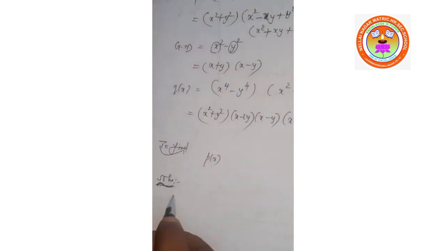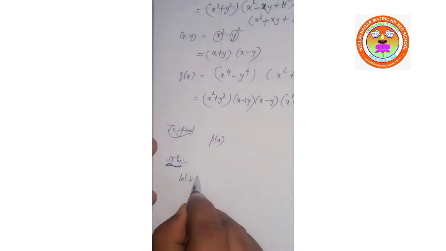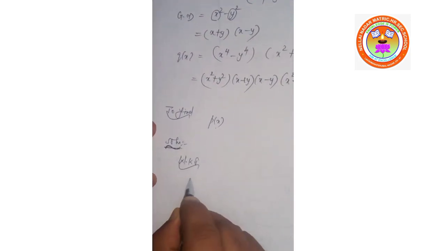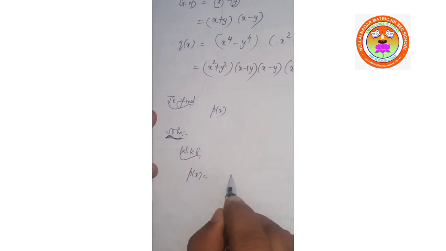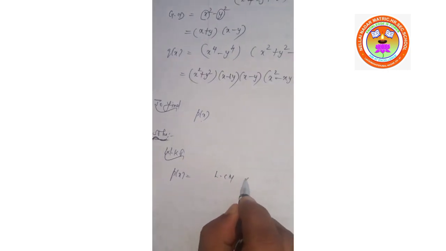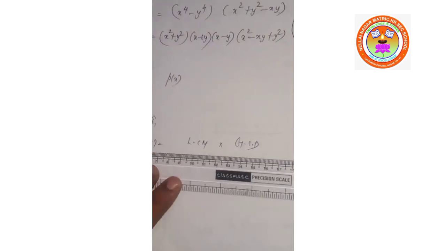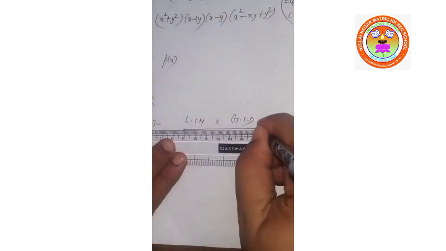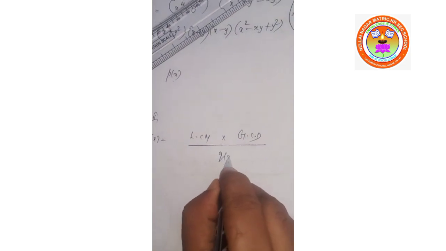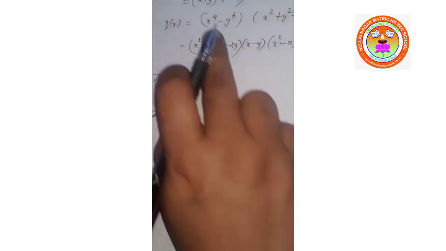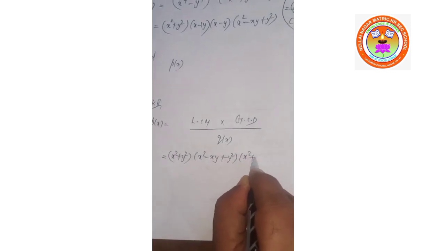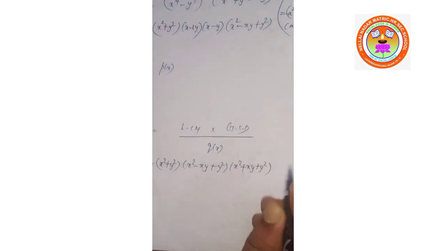Now P of x. We know that the P of x polynomial formula is LCM into GCD by Q of x. LCM, here it is, x square plus y square into x square minus xy plus y square into x square plus xy plus y square.